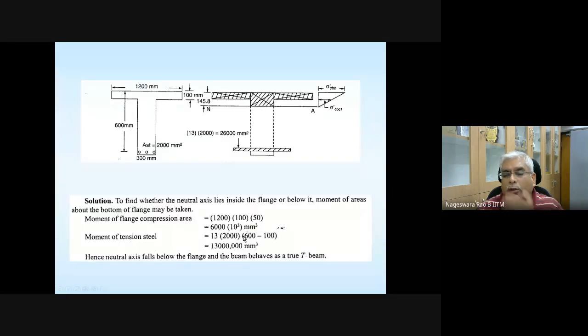So let's calculate those two moments. So moment of flange compression area, whatever I explained to you, 1200 multiplied by 100 multiplied by 50, you calculate that moment. And moment of tension steel, modular ratio times area of steel multiplied by the distance of centroid of steel from the neutral axis.